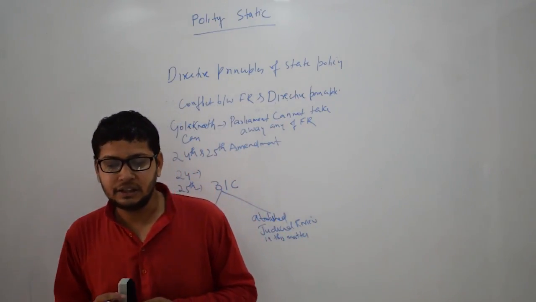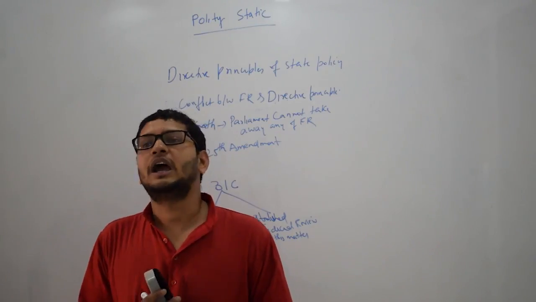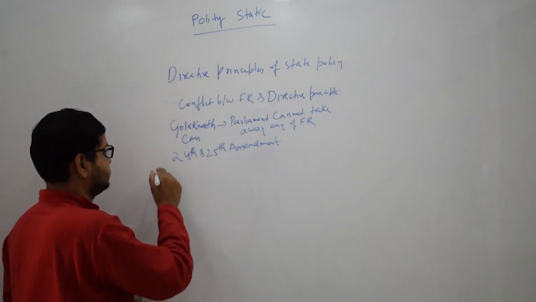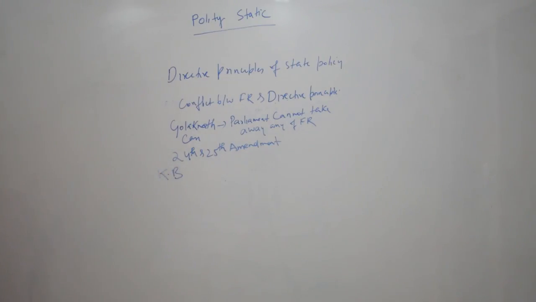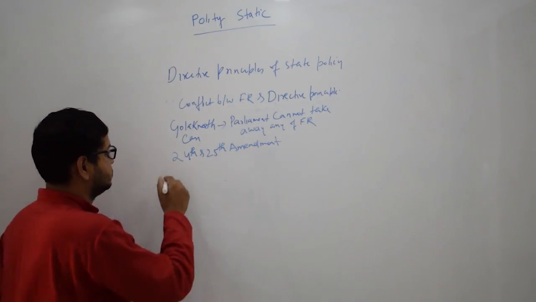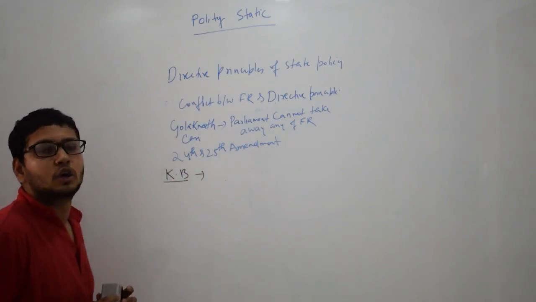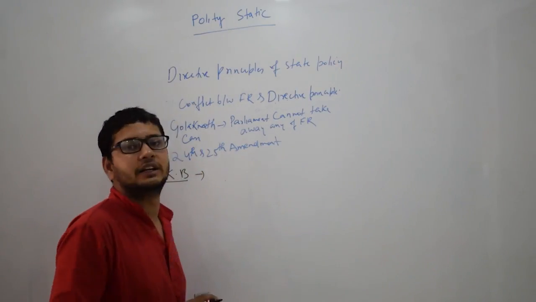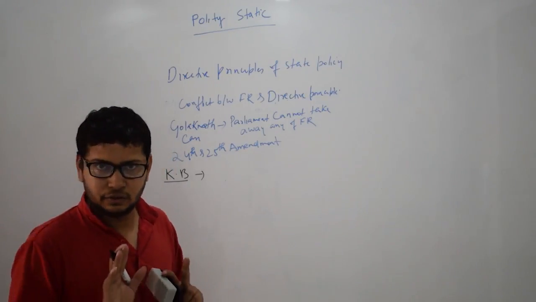After this amendment was passed, somebody appealed it in the court, and under the Keshavananda Bharati case, the court said that the first provision of Article 31C, that Parliament can pass such a law, is valid.